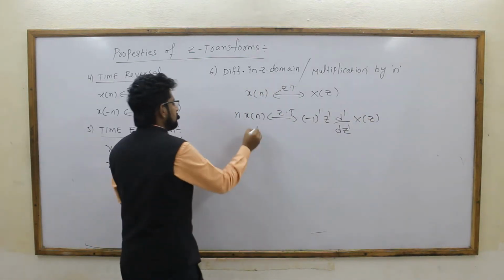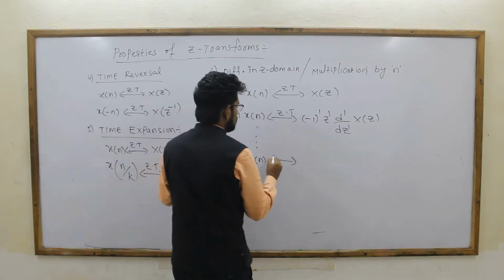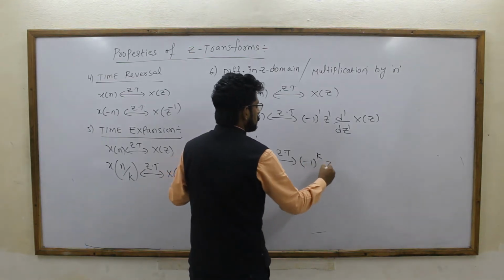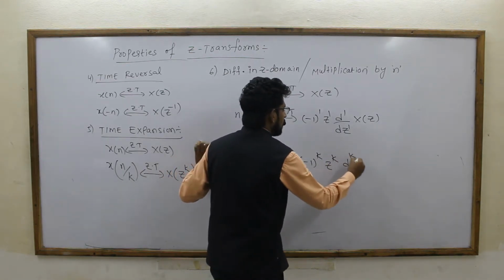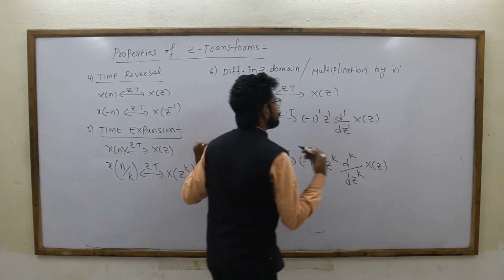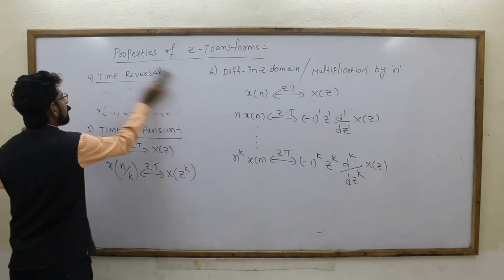Similarly for n times, n power k x of n has the Z transform minus 1 power k, z power k, d power k by dz power k into X of z. This is the differentiation in z domain property.